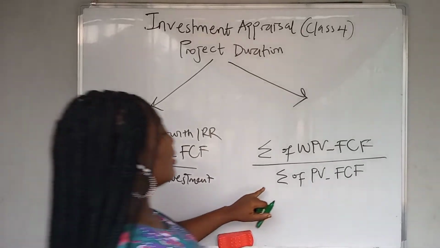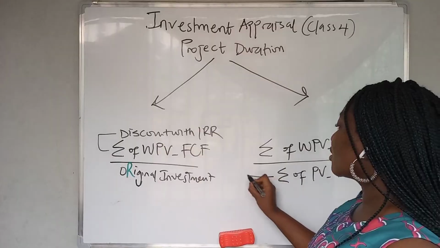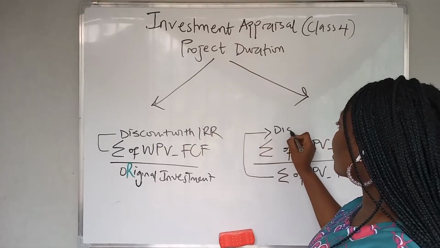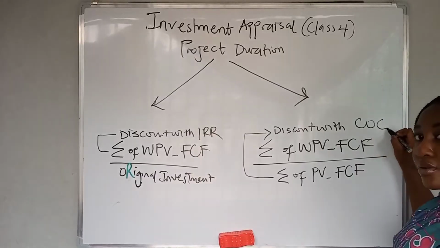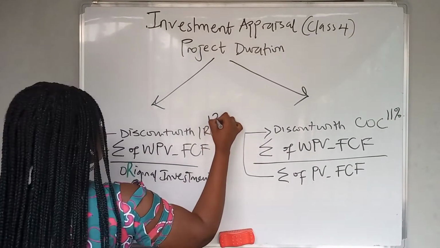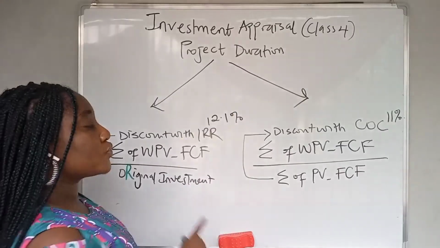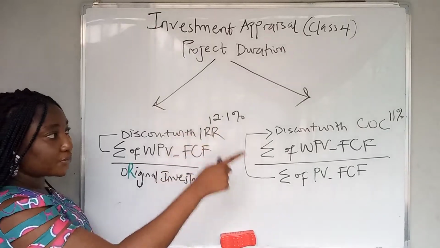When you are trying to recover the sum of present value of the future cash flows, you are going to discount with cost of capital, which was 11%. Remember that the IRR here was 12.1%. What we solved in class 3, we got IRR to be 12.1%.